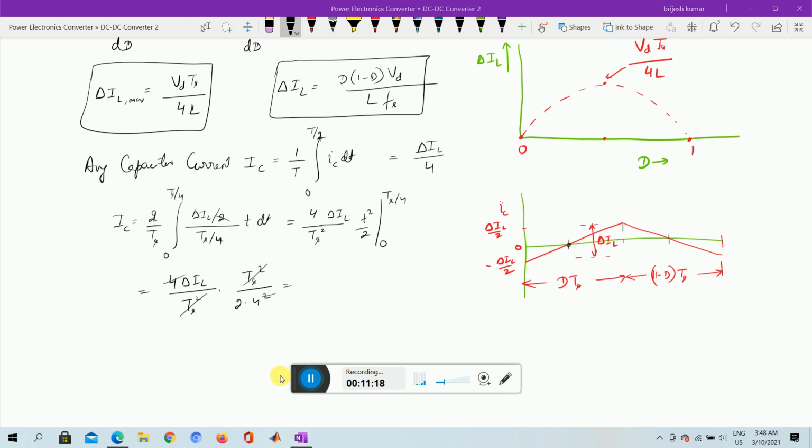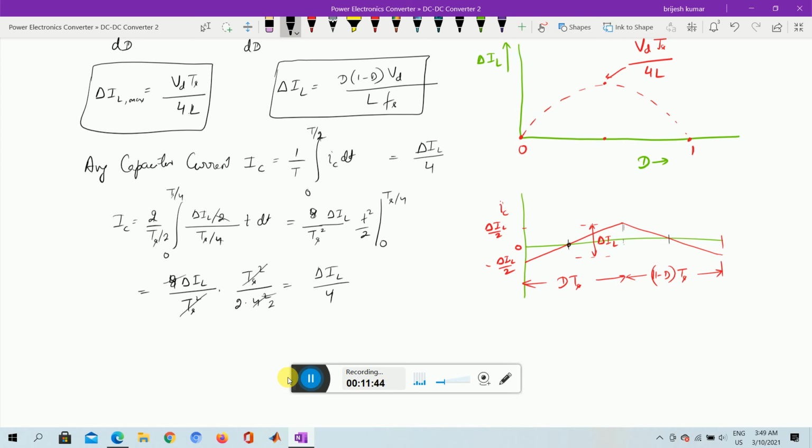This is Ts by 2, because we are taking from this value to this value and twice of this value. So here this will be 8 again, and now Ts square gets cancelled, and you have 2 left here, so this is del IL by 4.